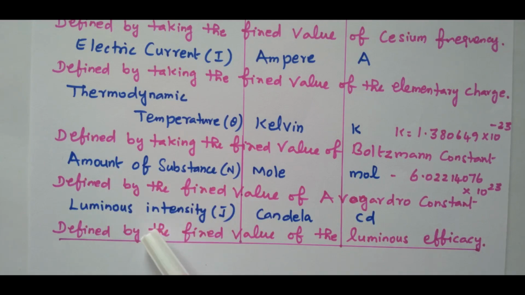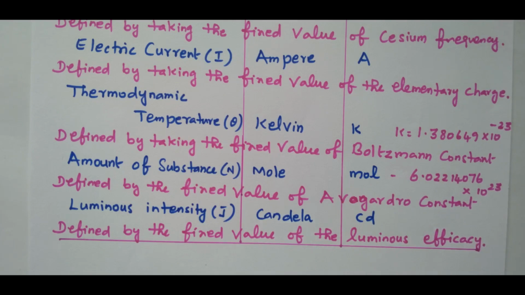The intensity means the lighting. The unit is candela, symbol is cd. We know that this bulb is very bright, this one is less bright. We easily tell the luminous intensity, but it is defined by a fixed value of luminous efficacy. From luminous efficacy, we define the candela.